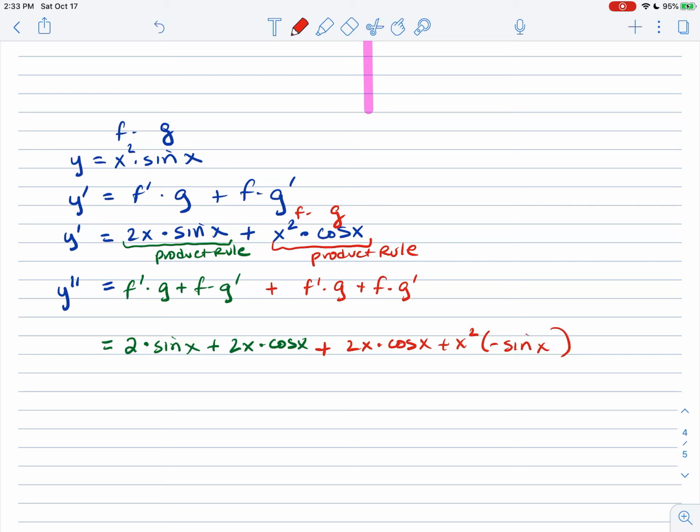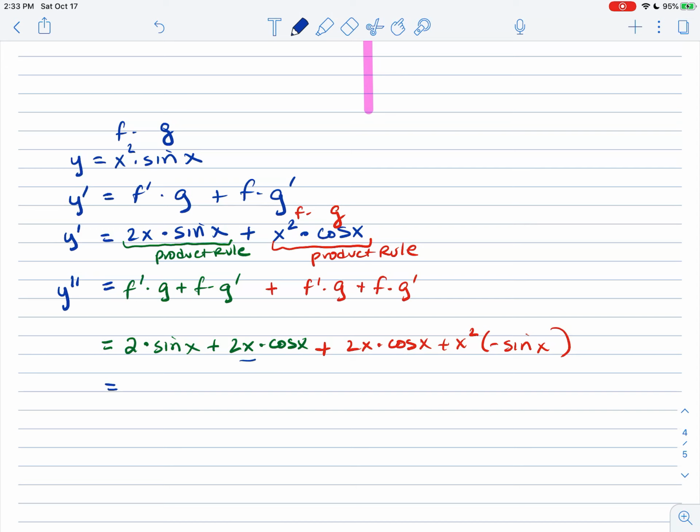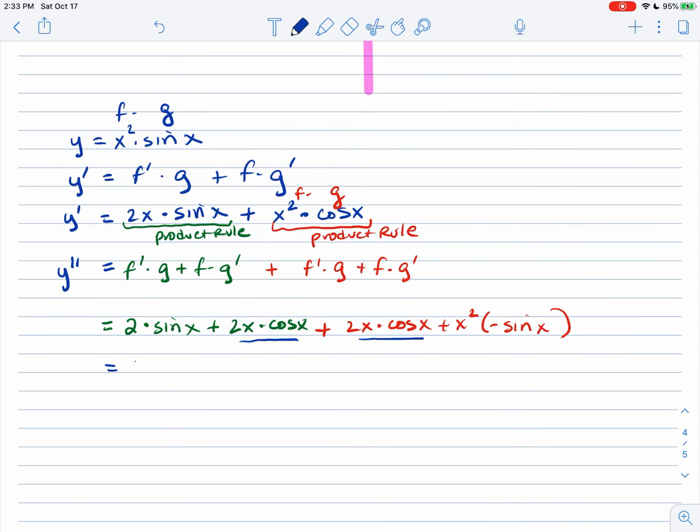And then I'd want to look for common like terms, and I do see that I've got one here and I have one here. So we can say this is 2 sine x plus 4x cosine x, and then minus x squared sine x. And there's our double prime.